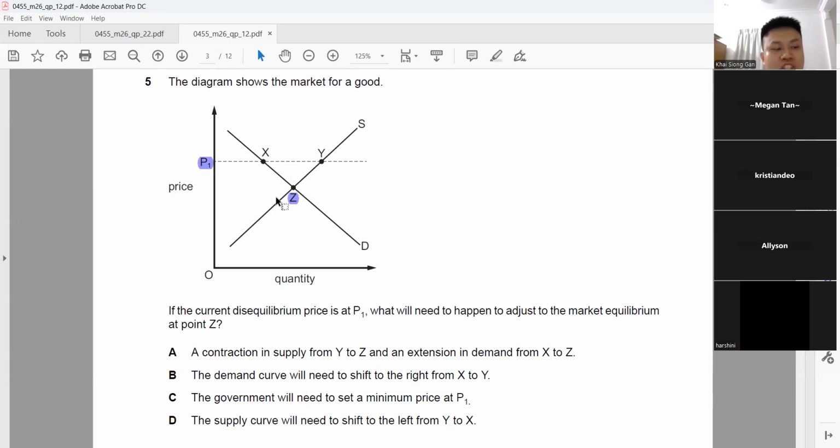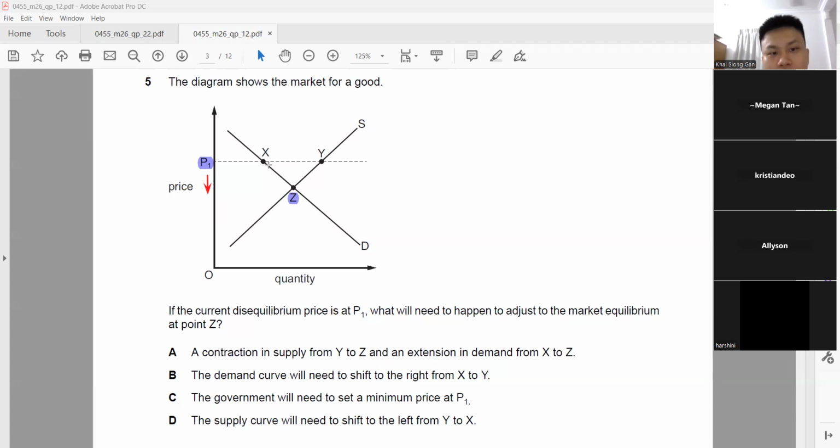You see at P1 the price is very high, so they will have to do something to bring it back to the equilibrium. So price will have to go down, isn't it? Okay, price will have to go down.